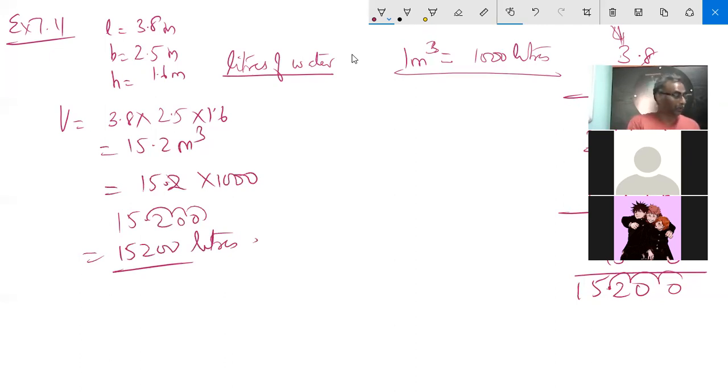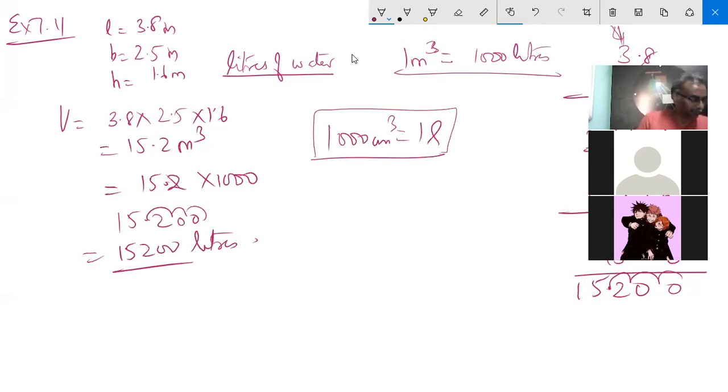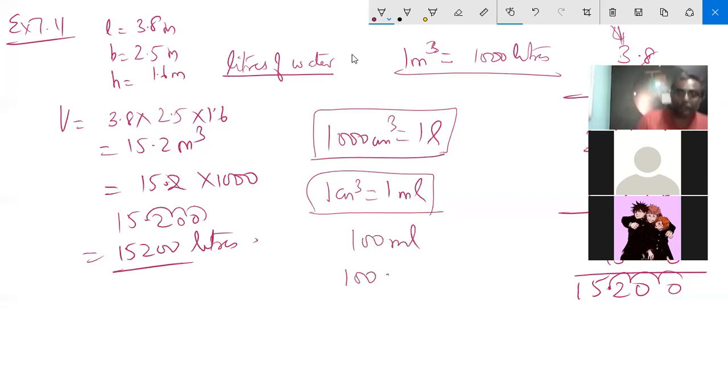See, they have given there 1 meter cubed is 1000 liters. In the same way, 1000 centimeter cubed is also equal to 1 liter. Both are same. And 1 centimeter cubed is equal to 1 ml. That also you have to remember. So sometimes if 100 ml is given, you have to assume 100 centimeter cubed is given. That's very important.